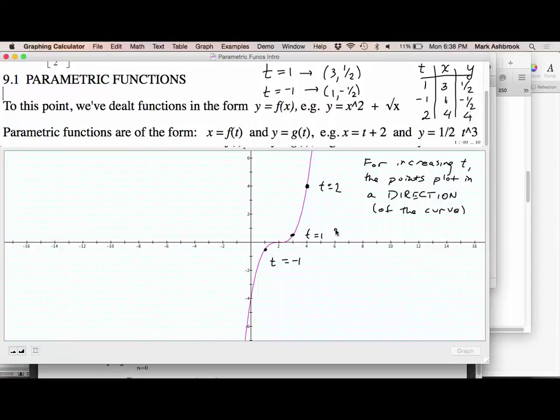So the direction of this curve is this way. So we're saying how do the points emerge as t increases? That's the direction of the curve.